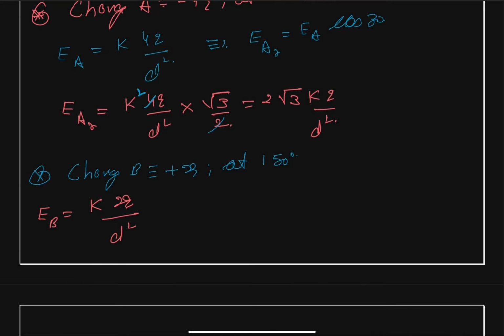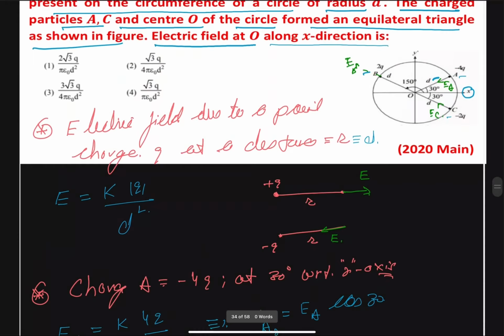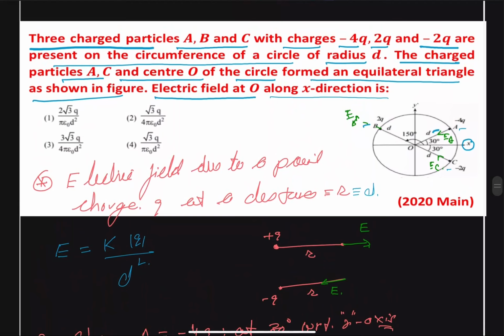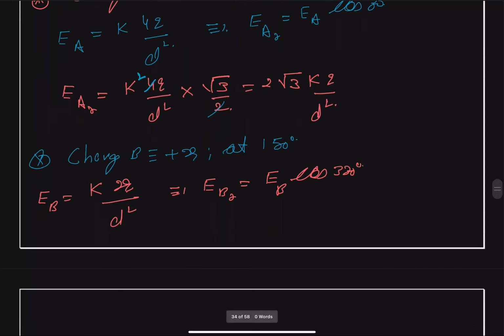So the x component of the electric field at B will be equal to EB times cos of, sorry, it is 150.